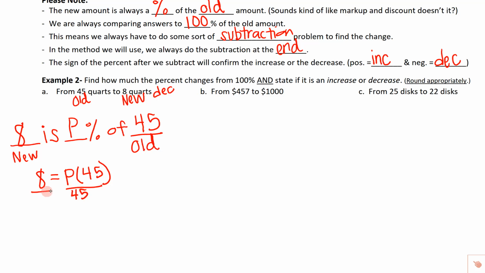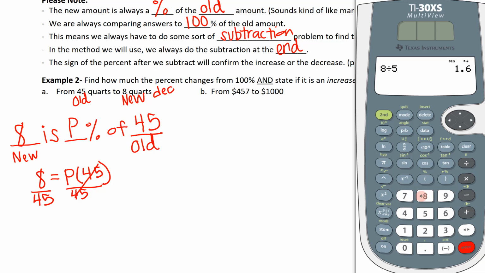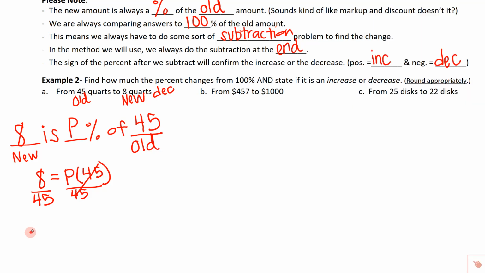So divide by 45 to solve, and put that in my calculator. 8, we put that in first, it means 8 divided by 45. Okay, I get 0.17 and so on. I want to write at least probably 5 numbers out because I'm going to need at least to the 100th place.